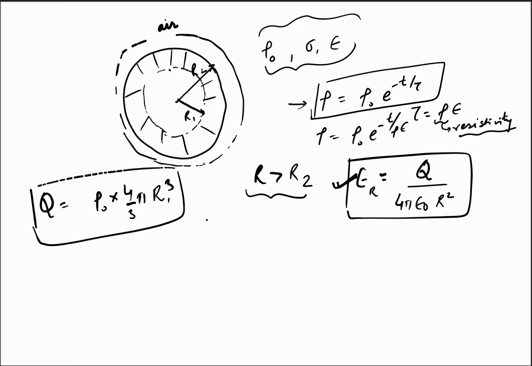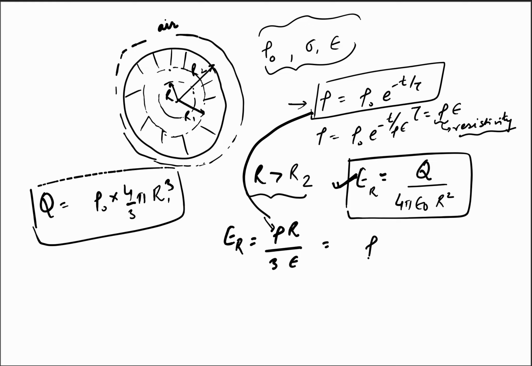Now, for a point which is lying inside this R1, again I can make a Gaussian surface of radius r, and we already know that for a uniformly charged sphere with uniform volume charge density, the electric field inside is given as rho r over 3 epsilon. Now this rho, as I told, will vary according to this equation, so I will put this value as rho naught e to the minus t by tau times r over 3 epsilon.